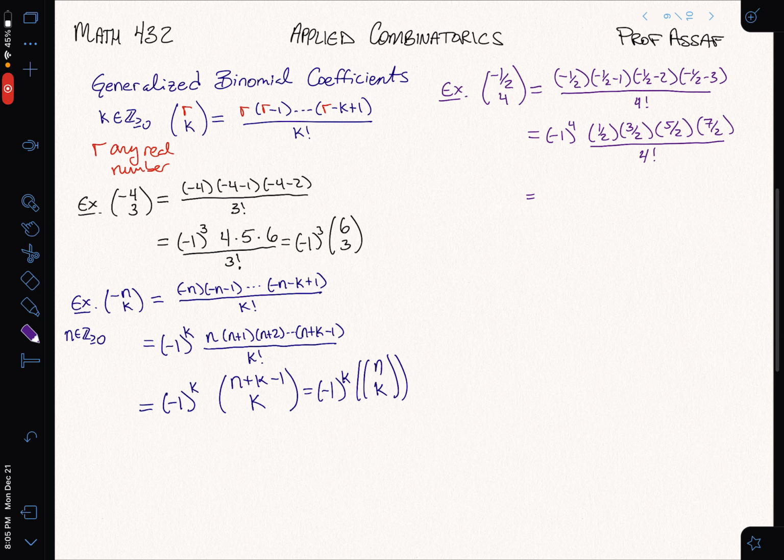I'm going to keep it around, just so I see the structure of what I'm doing. And I'm going to pull out all those fractions, because goodness knows I don't like fractions. So on the top, I've got 1 times 3 times 5 times 7. And on the bottom, I've got 2 to the 4, and I've got 4 factorial. That's interesting.